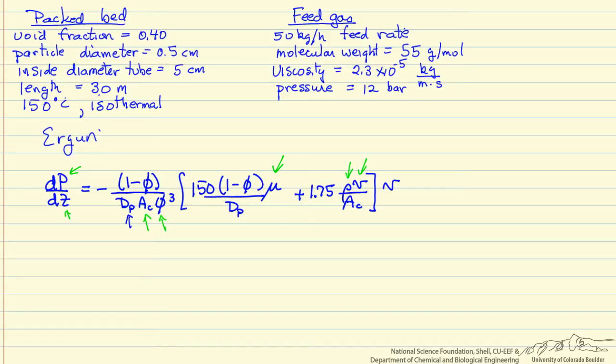Now, to be consistent, we're going to use units where kilograms, meters, seconds, and pascals are the units that will give us in this equation the consistent values, because kilograms per meter per second squared is pascals. And we're also going to need to calculate the volumetric flow rate assuming ideal gas.